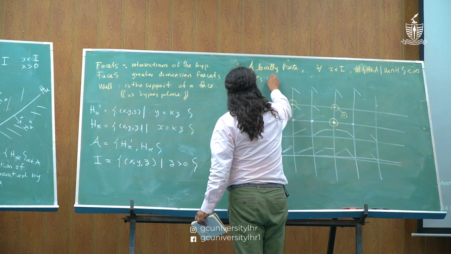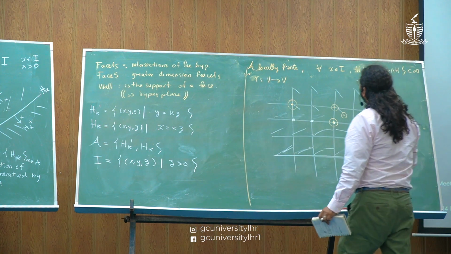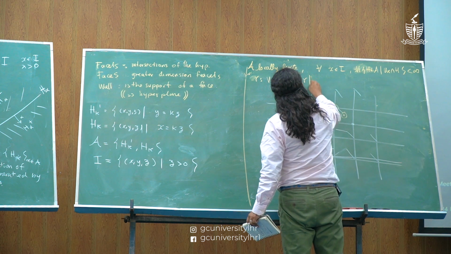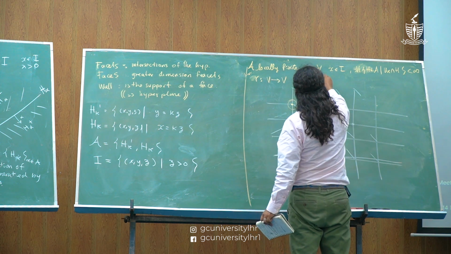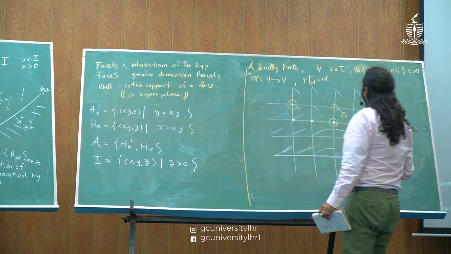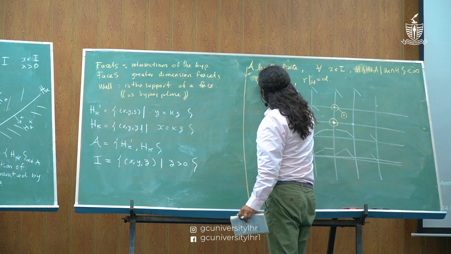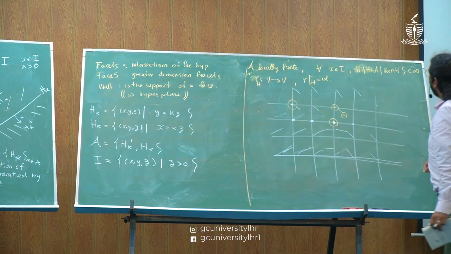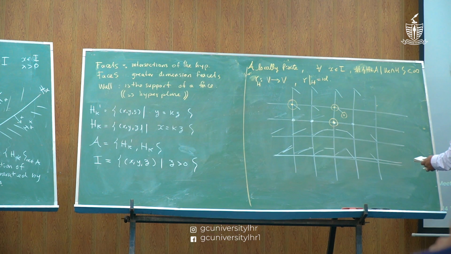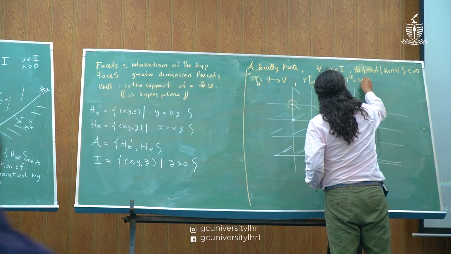A reflection will be a transformation from V to V such that it leaves H invariant, it is the identity on H, and furthermore, we ask it to have order 2.